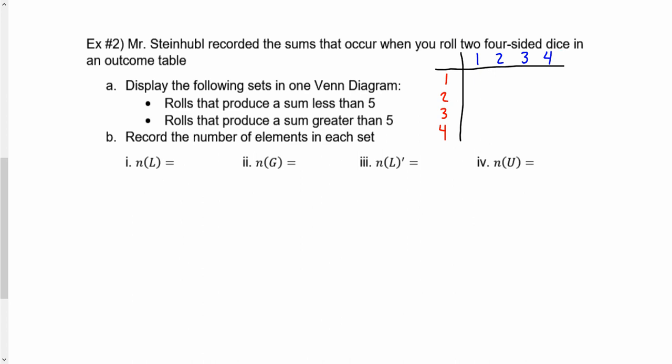That would be the second die. So we want to see what the question is asking for, the sums. So 1 plus 1 is 2. 1 plus 2 is 3. So on and so forth. 7, 8. That would be all of the sums possible.